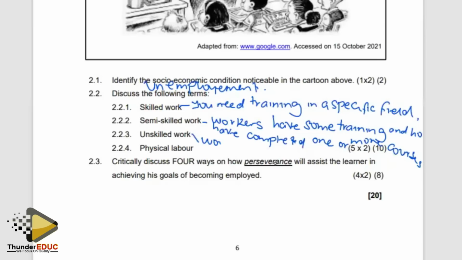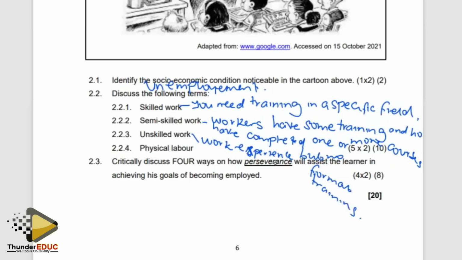Work experience, but no formal training. With physical labor, when you do physical labor, you don't have formal qualifications.